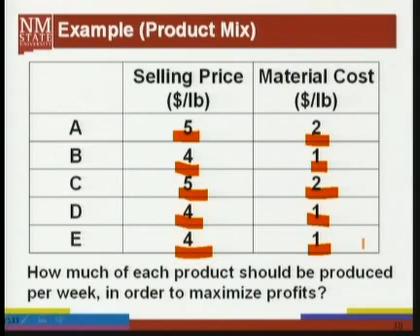Okay, so first of all, we need to define the decision variables. Is that right? So how many decision variables do we need? 5. So how would you define the decision variables? Okay, yes. So basically, we need 5 decision variables, 1 for each product, right?